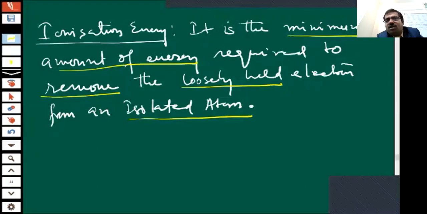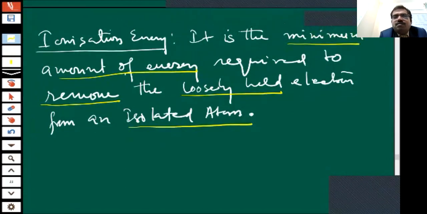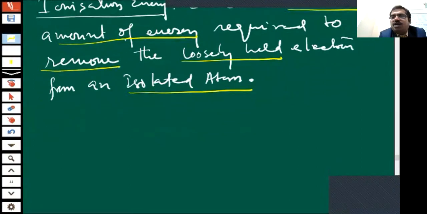You know what is an isolated atom? The atom which is not in solid form or liquid form. It should be in gaseous form, so each particle is separated from each other. When they are separated, they don't have any effect on each other. That is known as an isolated atom.